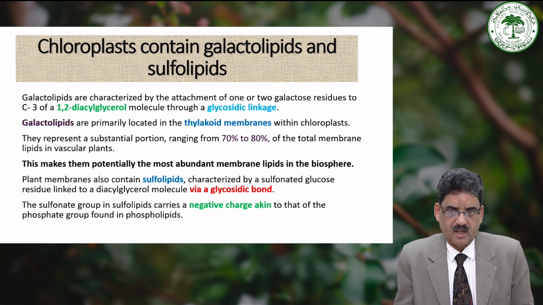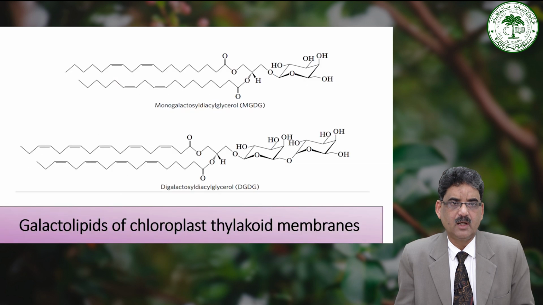Additionally, plant membranes contain sulfolipids, where a sulfonated glucose residue is attached to a diacylglycerol molecule via a glycosidic linkage. The sulfonate group in sulfolipids carries a negative charge similar to that of the phosphate group found in phospholipids.